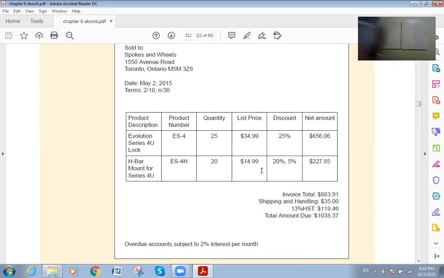I will take the data, then I will share the screen. 25 units, and each unit costs 34.99. I will do the first line, and you will do the second line, the same thing as I did, for training yourselves. So here, let me now stop sharing, and the screen will be clear.